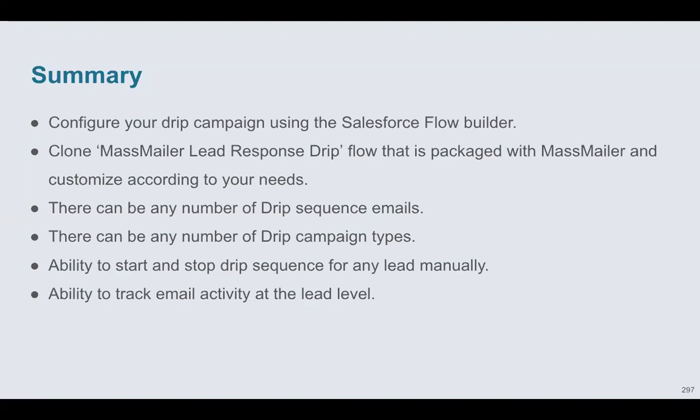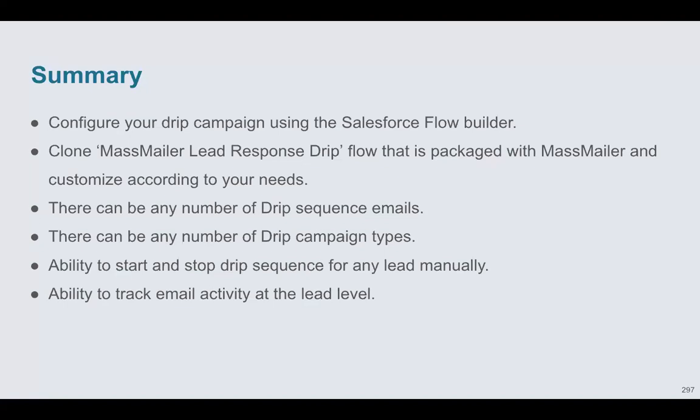We call that lead response, but you can rename it anything because it's an existing flow template. So you have to save that or clone it. And then you can customize, add more sequences, delete sequences, change your templates and conditions, so on and so forth. That's something that's doable.